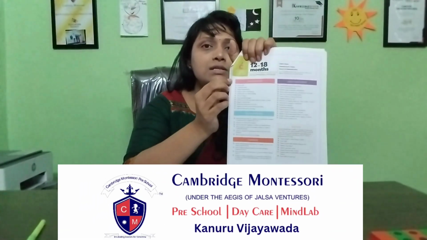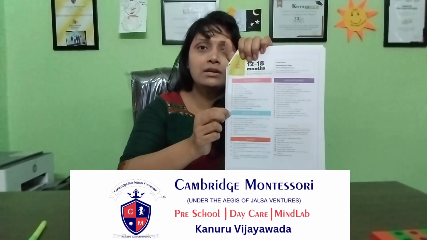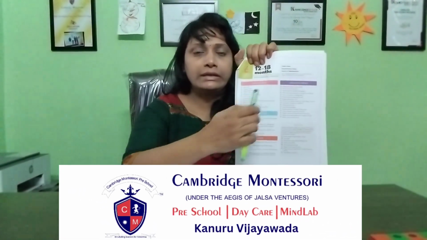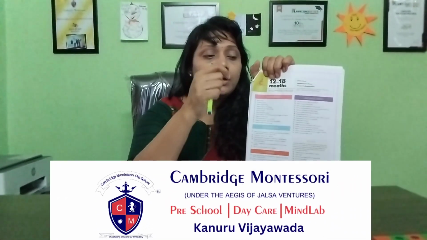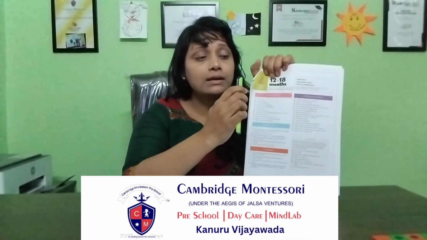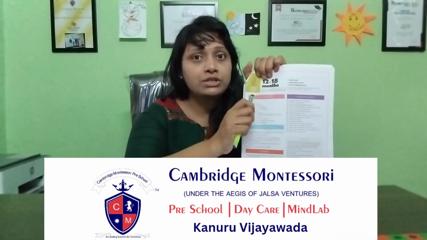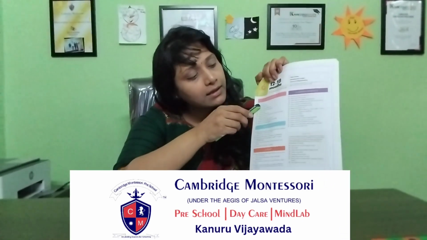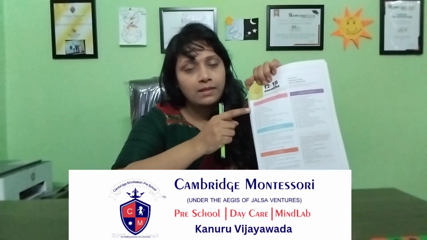If your kid is between 12 to 18 months, then you just read this health and motor column. There are some little boxes given here. You just tick mark if the kid reaches that milestone. If your kid is not able to reach the milestone or is near to the milestone, then mark X in these boxes.